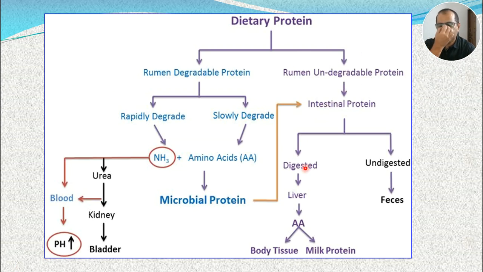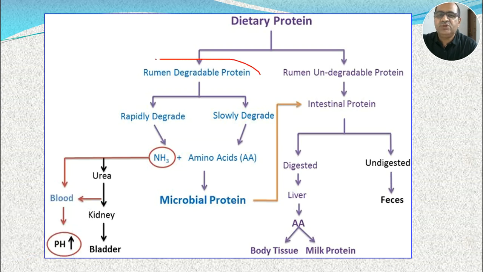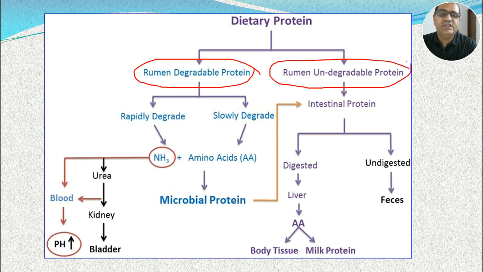In a nutshell, dietary proteins are divided into rumen degradable proteins, which are degraded in the rumen, and rumen undegradable proteins. You know it very well.